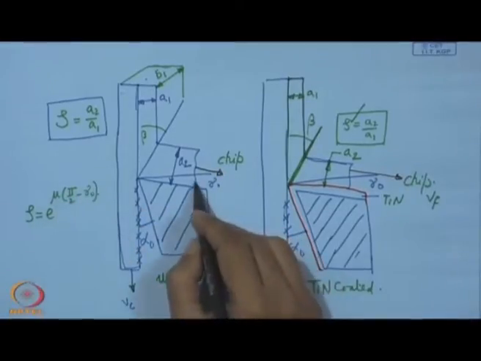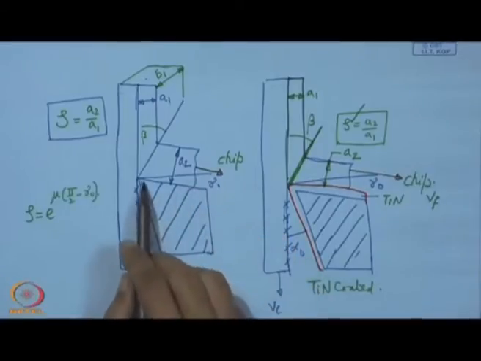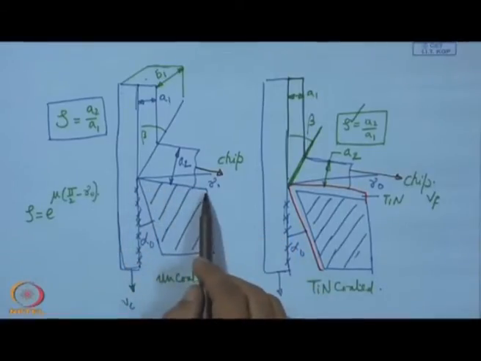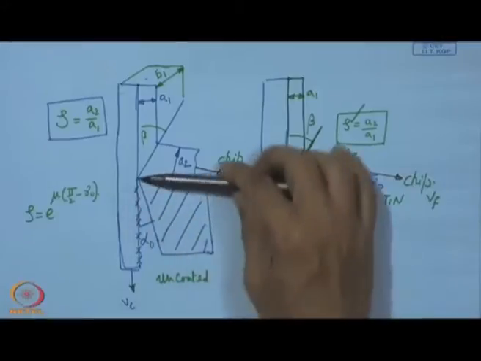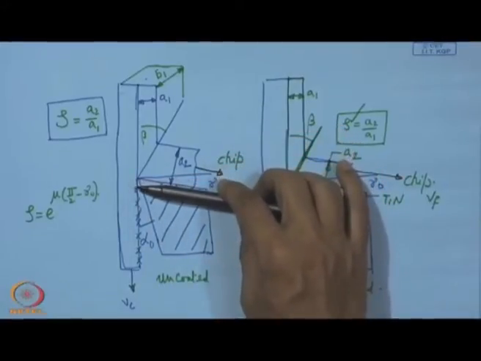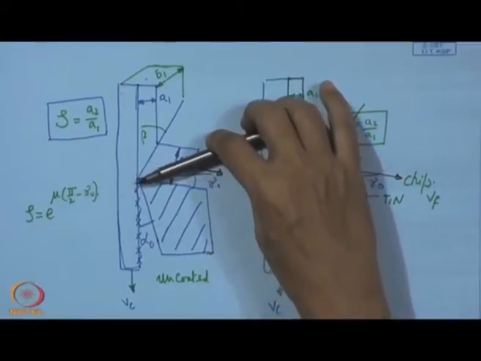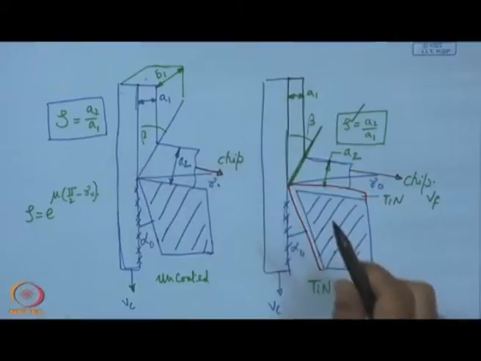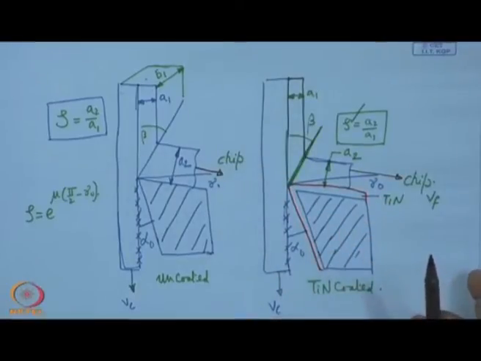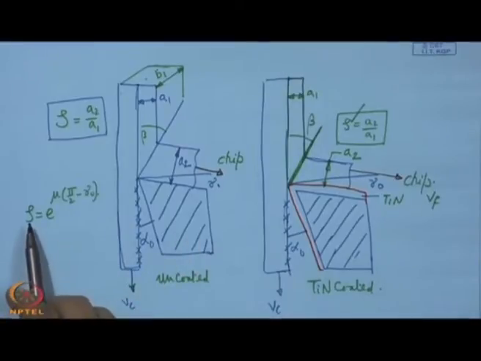This gamma o is the rake angle, that means the inclination of the face of the tool, which could have been horizontal, but in this case we have shown that it is sloping downward. It can also be sloping upward. It depends upon the material of the tool and also the work material.